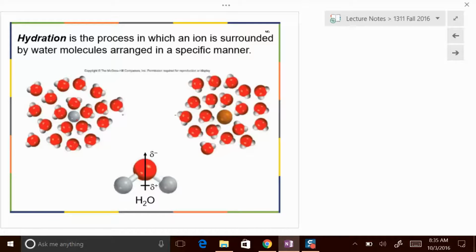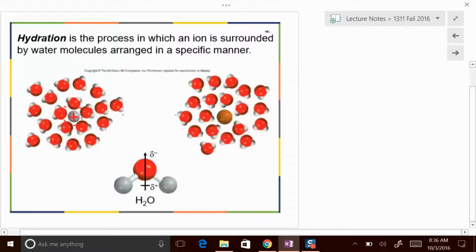That's why it's a solvent. So this is the cation because the oxygen of the water molecules have partial negative charges.